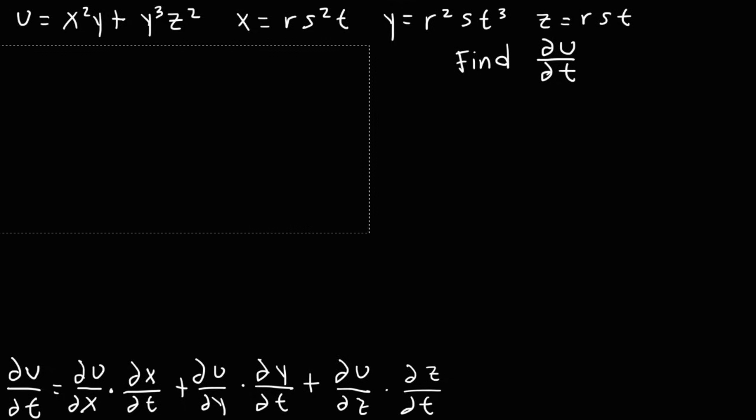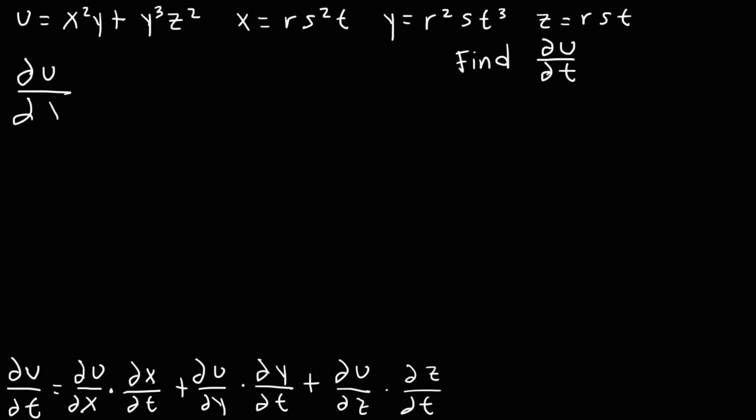Now let's get everything that we need. So let's begin by finding the partial derivative of u with respect to x. So y and z are going to be constant. The derivative of x squared is 2x times y.